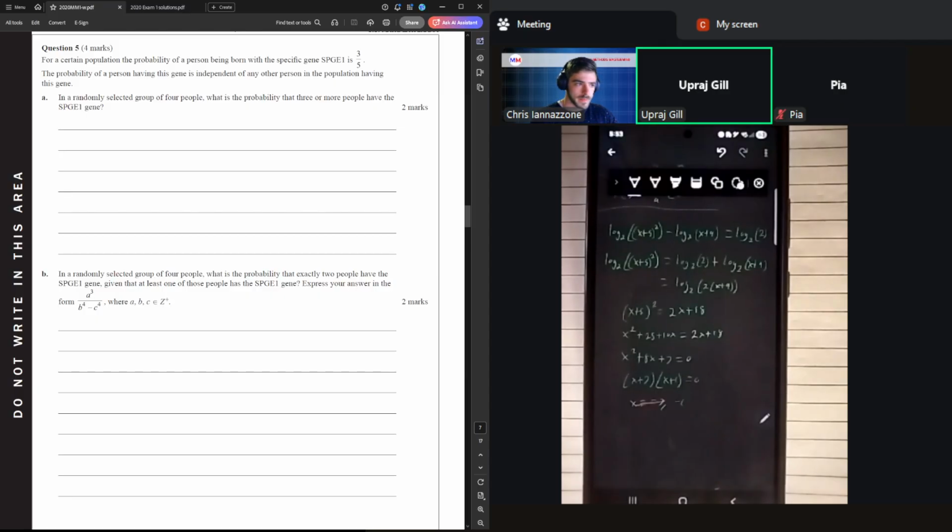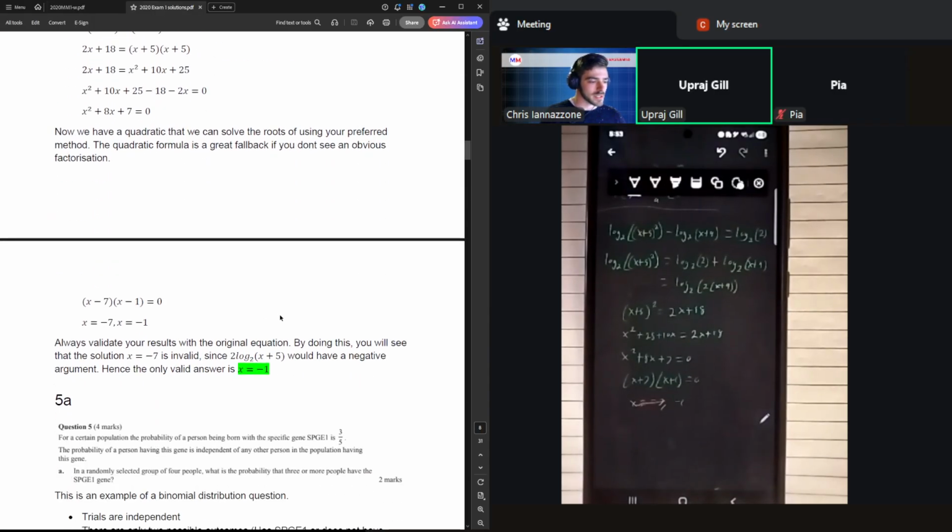I sort of thought of it as, if 3 people were to have it, then it would be 3 on 5 to the power of 3 times 2 on 5, because that's the complement, the probability of someone not having it. And then the other case is all 4 people having the gene. So I just added 3 on 5 to the power of 4.